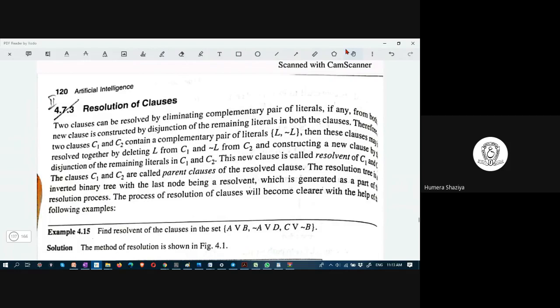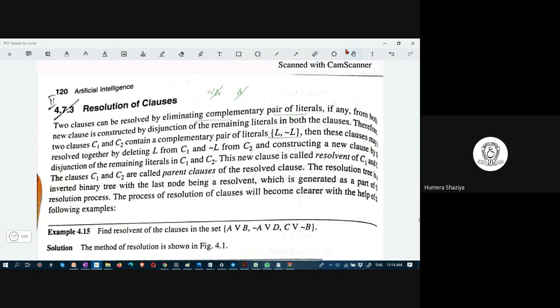Resolution of clauses. Two clauses can be resolved by eliminating complementary pairs of literals. When you have not A and A, these are a complementary pair of literals. These can be eliminated. Two clauses C1 and C2 contain a complementary pair of literals, when we have L and not L. Then these clauses may be resolved together by deleting L from C1 and not L from C2.